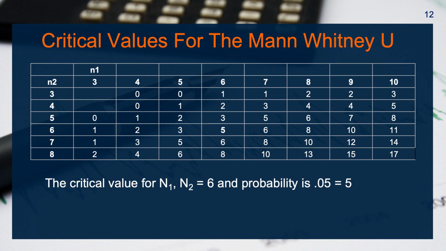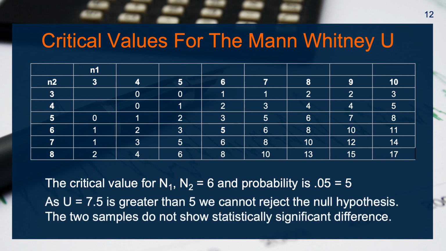Now for our first set of data, N1, we had 6, and N2 we also had 6. So if we cross-reference those, we find that the critical value at the probability of 0.05 is equal to 5. So as our U value of 7.5 is greater than 5, we cannot reject the null hypothesis. Two samples do not show statistically significant difference.